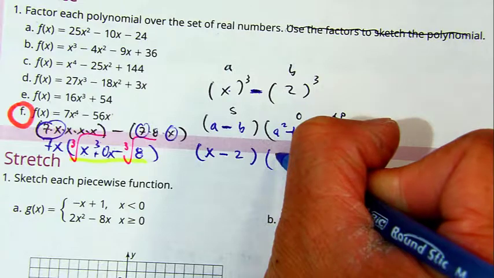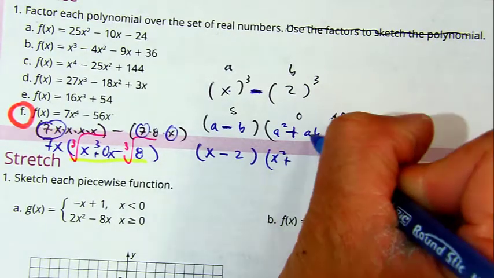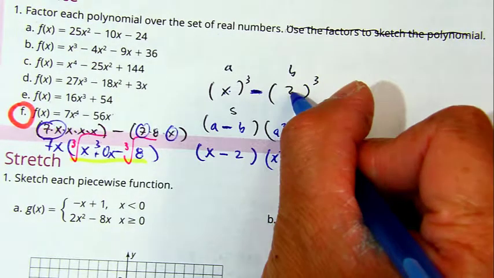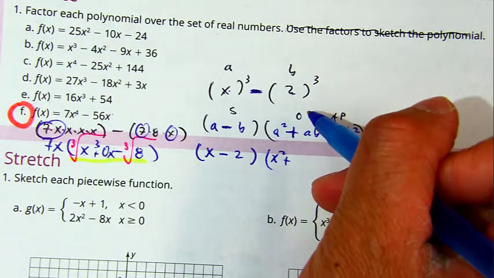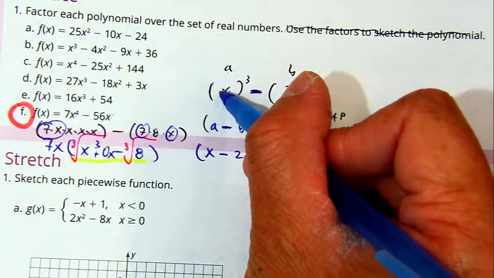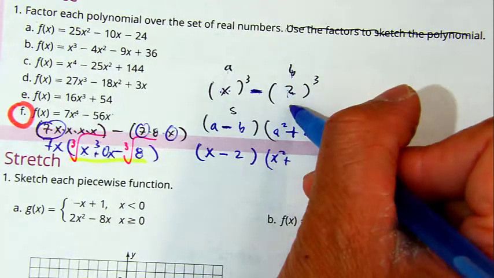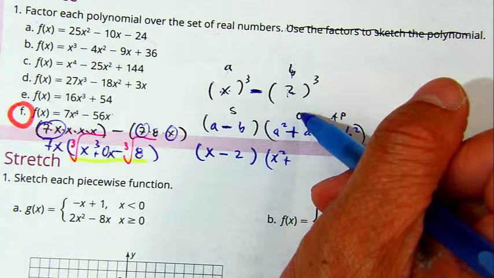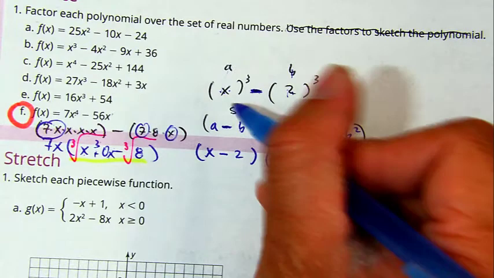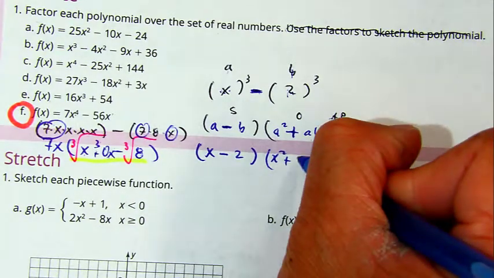The X squared and A times B. So your A value is X, and your B value is 2. So you're just multiplying those two. X times 2 is 2x.